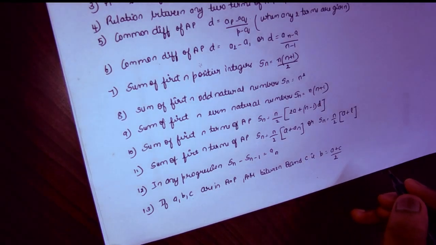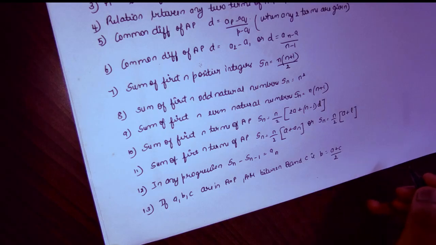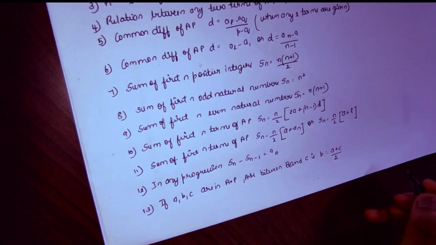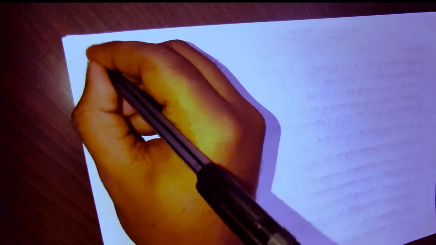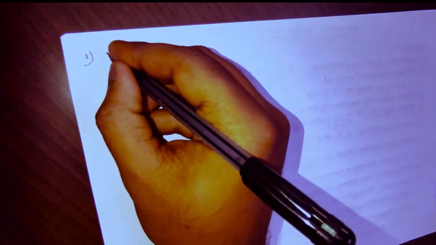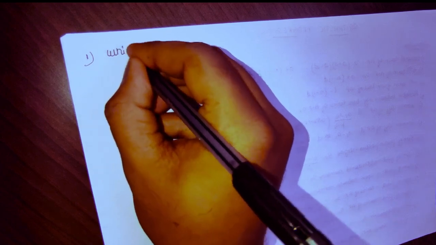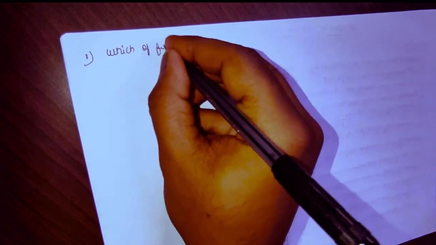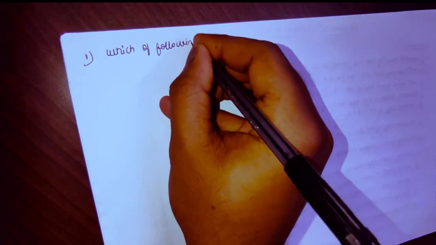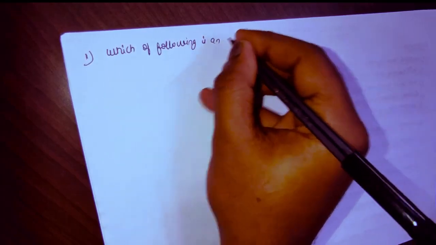Now I will solve some important questions from the first chapter. Some questions I will solve, some I will just give as direct questions. If you get any doubts in those questions, put that in the comment section. First question, they can give like which of the following is an AP.